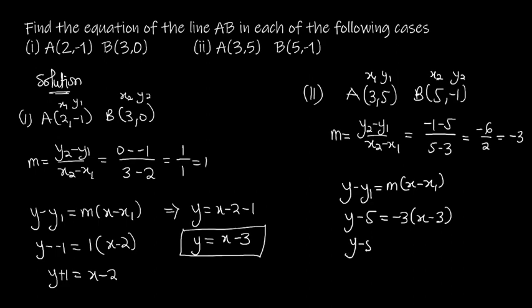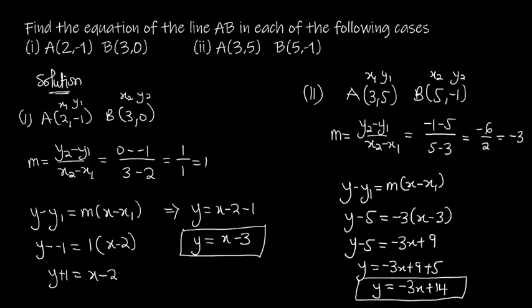I have y minus 5 is equal to minus 3x plus 9. Now I have y is equal to minus 3x plus 9. Then I send the negative 5 to the other side, and it becomes plus 5. So I have y is equal to minus 3x plus 14 as my equation of the straight line.